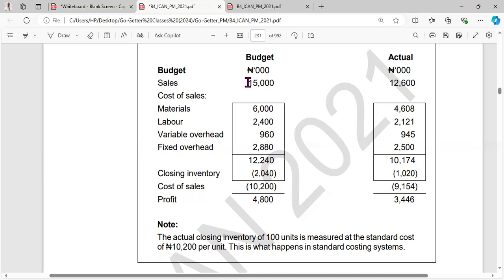Look at sales here. If expected is bigger than actual, it means this is favorable, this is adverse. You might be looking at these two materials and think this is favorable, this is favorable, this is favorable. If all is favorable, why is your profit smaller? Then there's a problem.